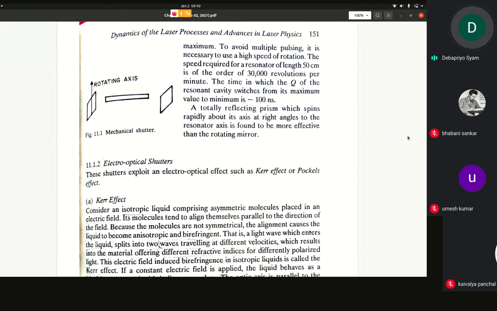When these two mirrors are parallel to each other, then light can go back and forth between the two mirrors and thereby cause the excited atoms in this metastable state to de-excite. But if the mirrors are not parallel, then when light falls on the 100% reflecting mirror, it gets reflected in a direction different from the direction of the axis of the ruby rod, and therefore it gets lost.